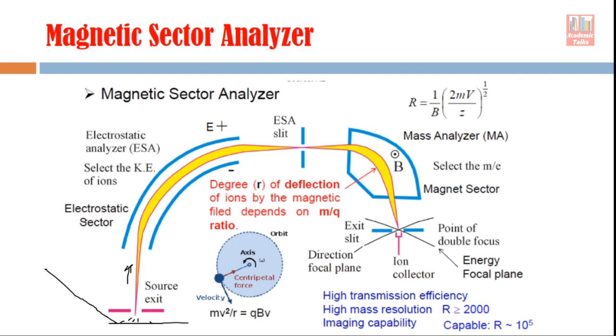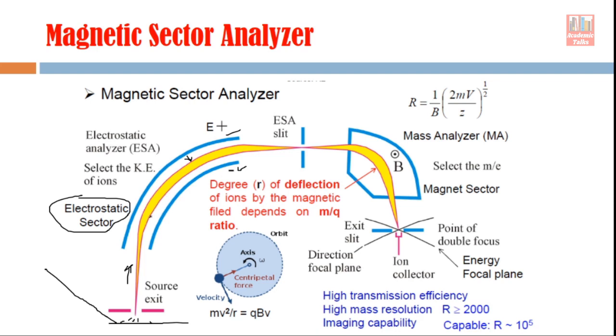So first they enter into an electrostatic sector. So what happens here in this electrostatic sector? You can see there are two parallel plates, and these plates are bent like this, right? And there is an electric field here. This outer plate is positively charged and this inner plate is negatively charged. So there is an electric field, and the direction of the electric field is something like this, right? Now because of this electric field, these incoming ions get a force towards this side and they will bend like this.